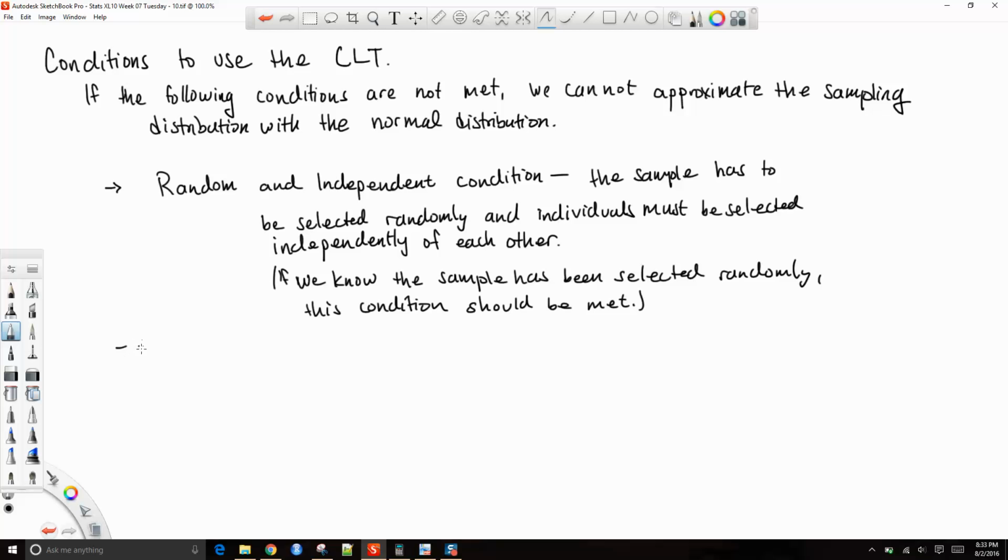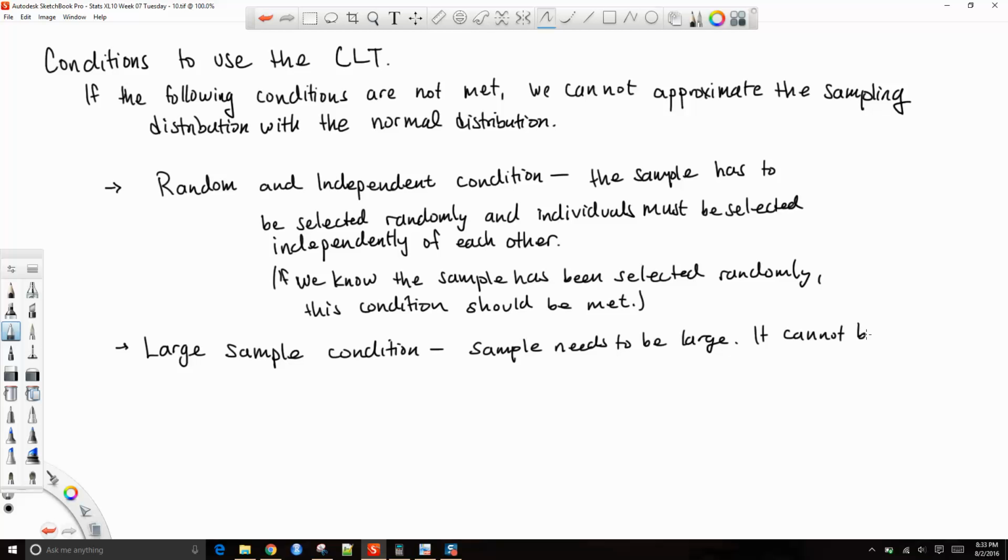Right, we have the large sample condition. Basically the sample needs to be large, it can't be too small. All right, how do we check to see if the sample is large enough?